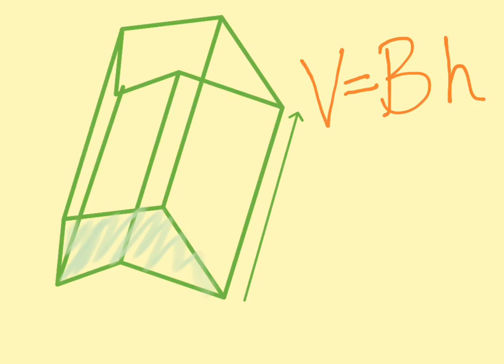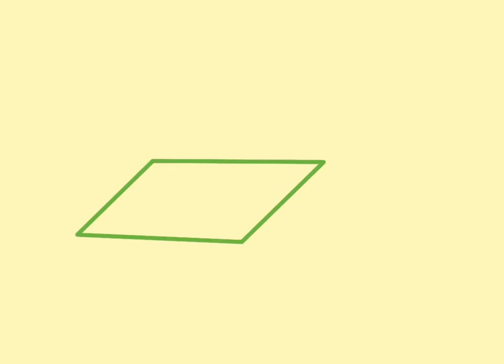That is the volume. Now, something that's really cool is if I have something that comes to a point, like a pyramid. So let's say I have a pyramid, and it comes to a point, let's just say right here.